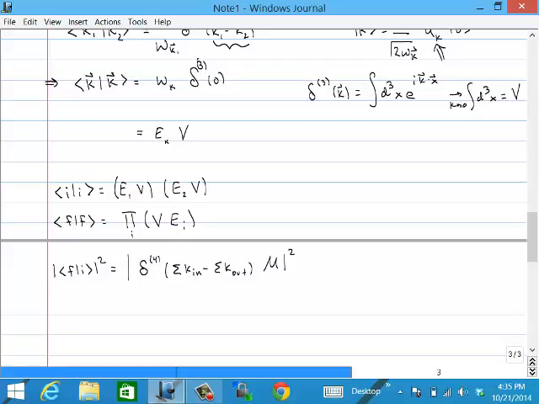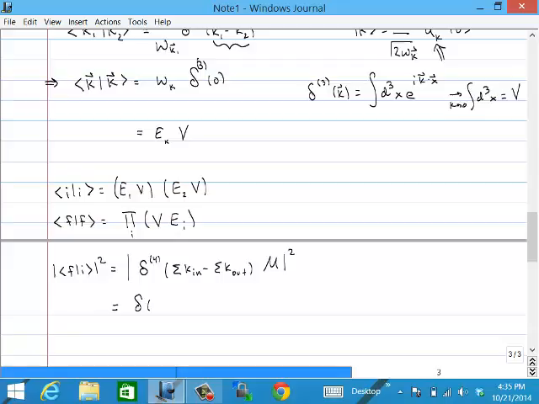Okay. Now, you're not used to squaring delta functions, but the delta function of x times the delta function of x could also be written as the delta function of x times the delta function of 0, right? Because the first delta function sets its argument to 0, so the second delta function is just infinity.